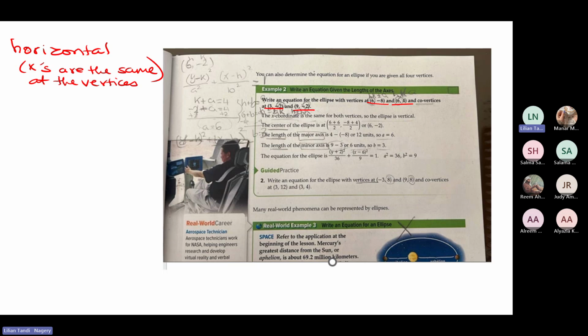I'm the one who is wrong. When your x's are the same at the vertices, this should be vertical. Wait, we can graph it, so we'll know. Yes, you can also graph it to see, but we are just making a general rule. If the x's are the same at the vertices, then you're vertical. If the y's are the same at the vertices, then you're horizontal. Are we together?